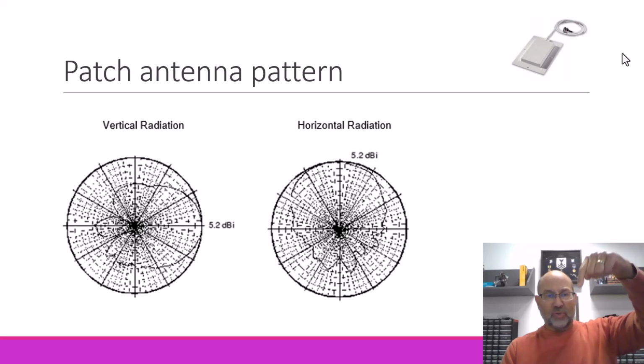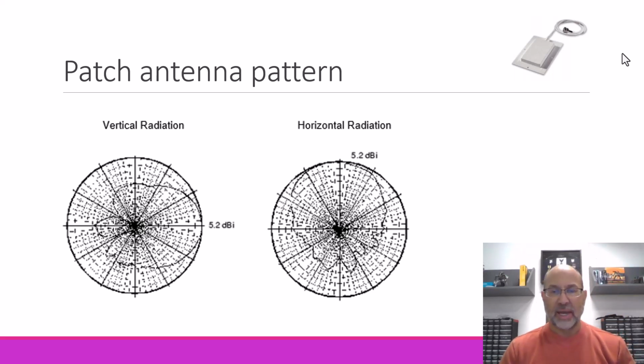Or if I was looking straight down, what we might call the bird's eye. So if I'm looking at this horizontally, I can see that I've got an energy pattern mostly on one side of the antenna with a little bit of bleed back on the back side. So a patch antenna has sort of a broad beam width, but it doesn't propagate an extraordinarily far distance.